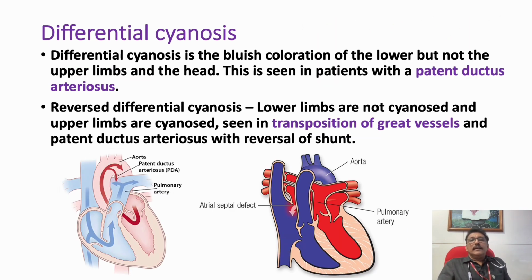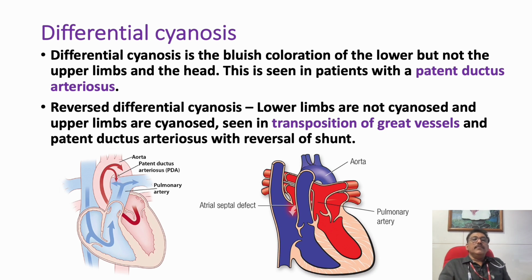Differential cyanosis is a rare condition. You get in some part of the body will be red, some part of the body will be blue. Conditions like patent ductus arteriosus, you can see the first picture, bluish discoloration of the lower limbs.